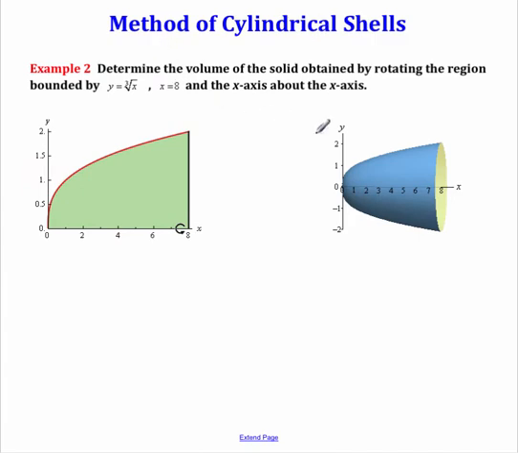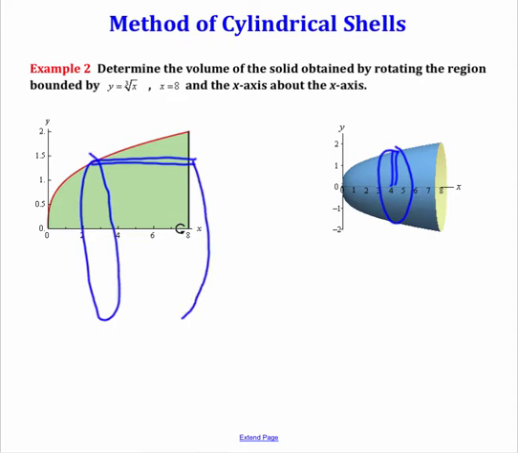Here's example 2. And this would be a problem where if you're given a choice, you can use the disk method because you can slice your volume this way. So use a disk. Or you can also use the shell method, and we can have shells that go this way. So this would be a shell.